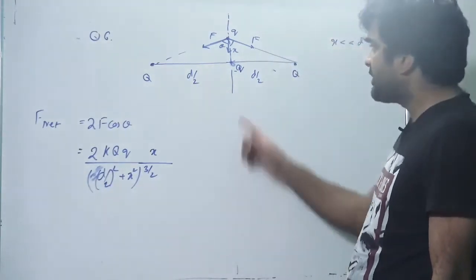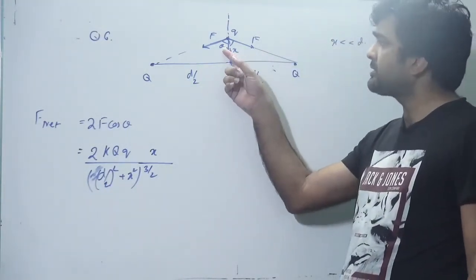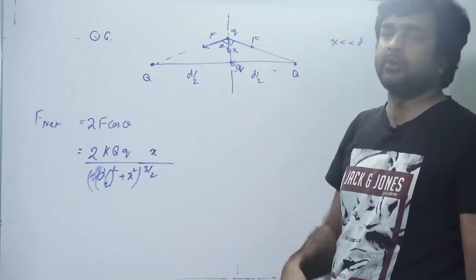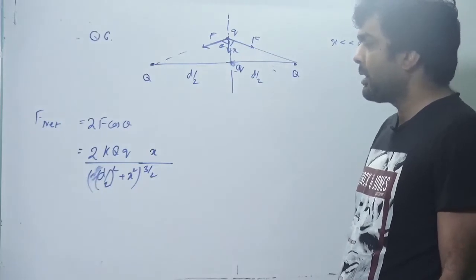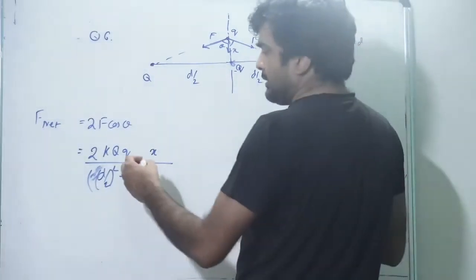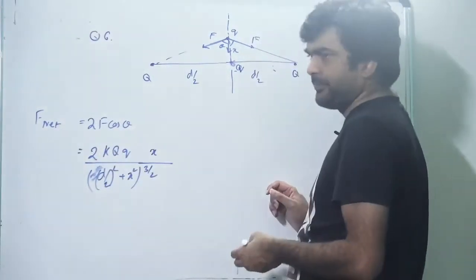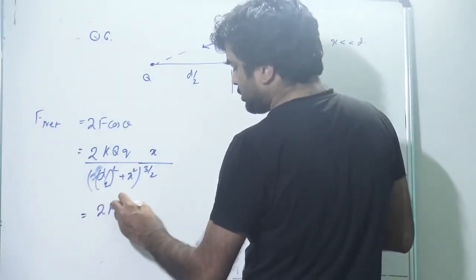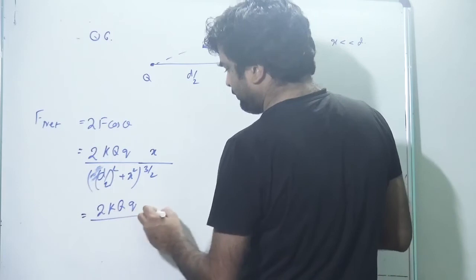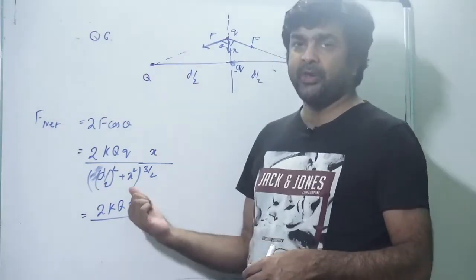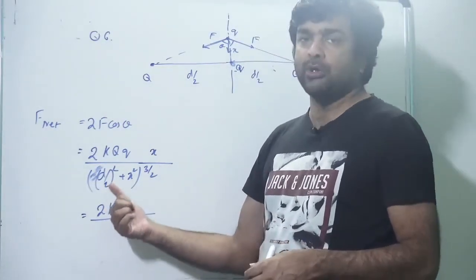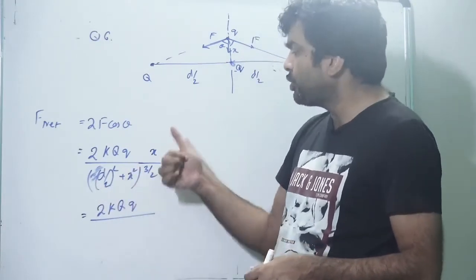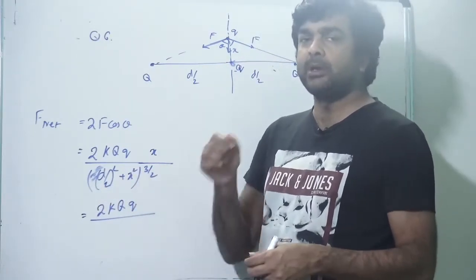So if small q is negative, it will experience a net attractive force towards the mean position, and for small displacement x, this force will be 2kQq. We can ignore x in the denominator because in the denominator it is in addition. We can't ignore x in the numerator because in the numerator it is in multiplication.